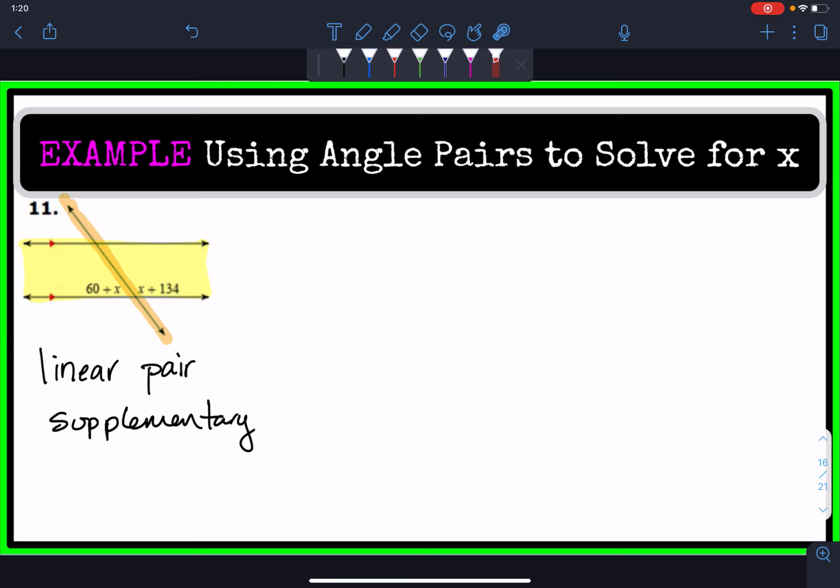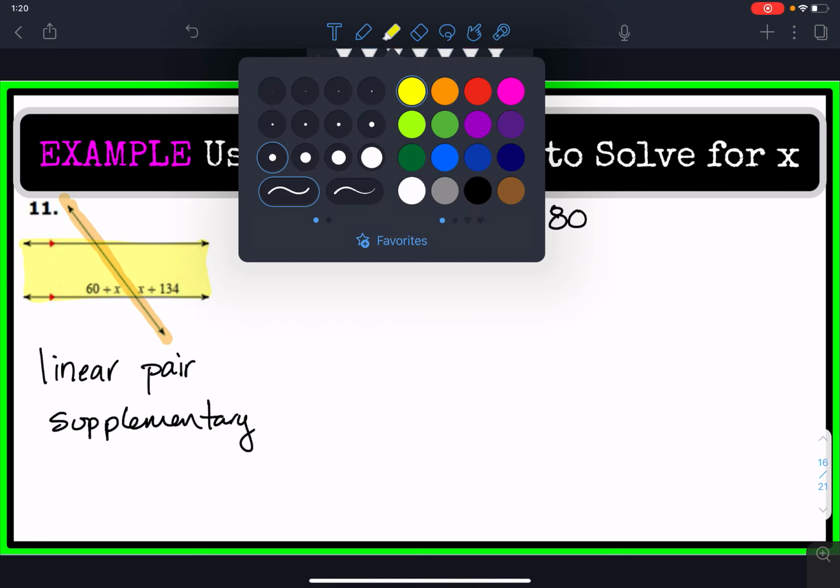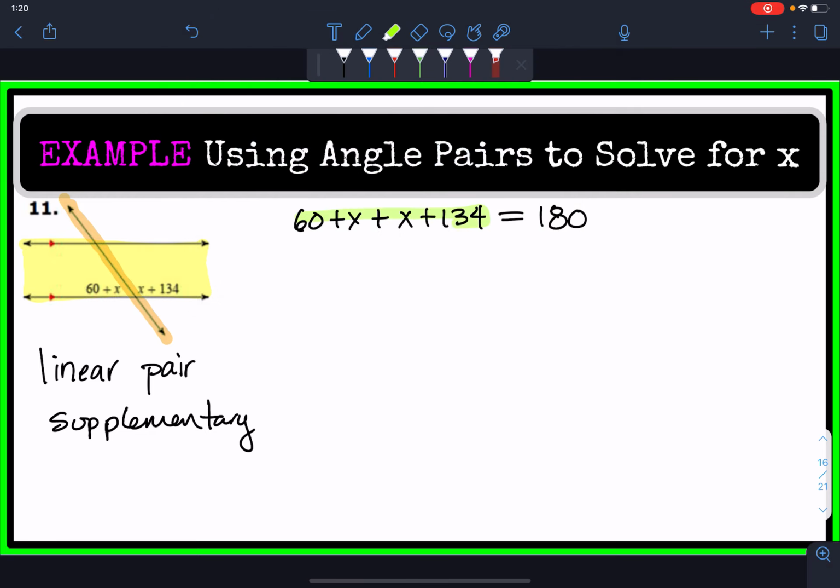So to add this up, you add up the x's together. So 1x plus 1x, that's 2x. Let me write it up here. So we have 60 plus x plus 134, and by adding that, that's going to be set to 180. So before we do the whole letters to the left and numbers to the right, I'm going to begin by first simplifying this side and combining my like terms.